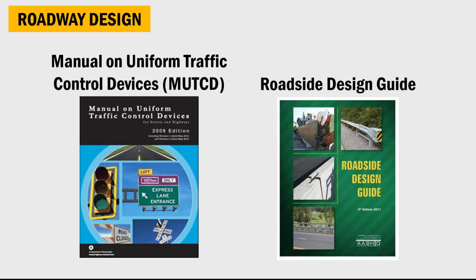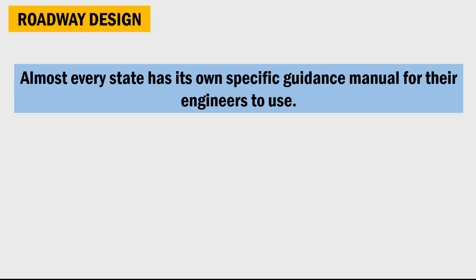The Federal Highway Administration, or FHWA's Manual on Uniform Traffic Control Devices, and the American Association of State Highway and Transportation Officials, or AASHTO's, Roadside Design Guide are two major manuals transportation engineers across the United States use. Almost every state has its own specific guidance manual for their engineers to use.